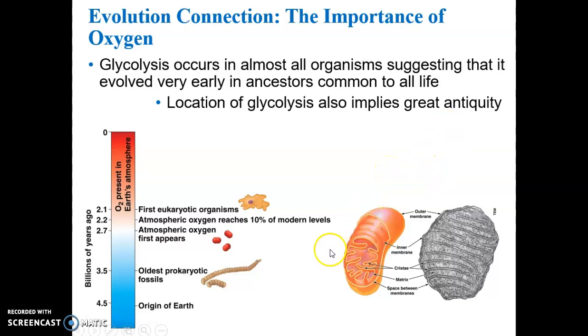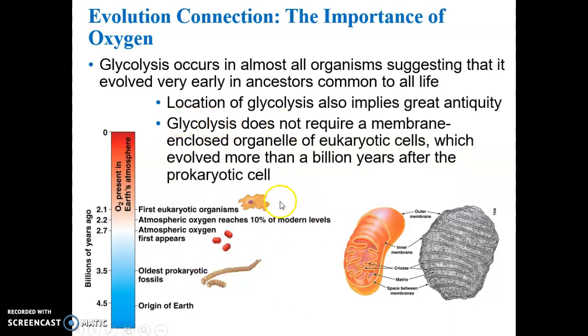But the fact that glycolysis occurs outside of the mitochondria, meaning the mitochondria are not necessary for glycolysis to occur, is evidence that glycolysis first appeared in organisms before organisms developed organelles like mitochondria and chloroplasts, which means that glycolysis first appeared a long, long time ago, along with the first appearance of prokaryotic cells.